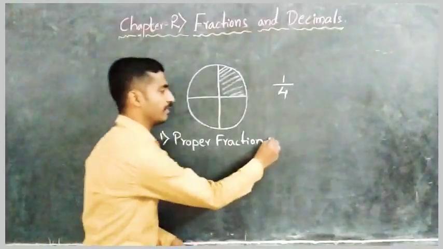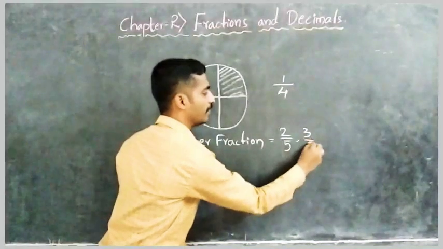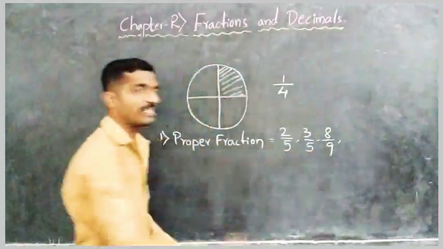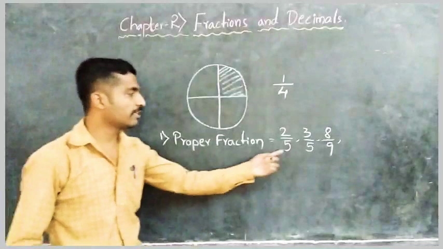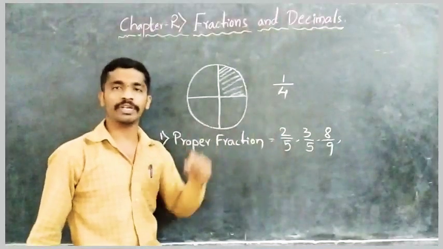For example, you can take 2 by 5, 3 by 5, 8 by 9. See here, the denominators are bigger than the numerators.